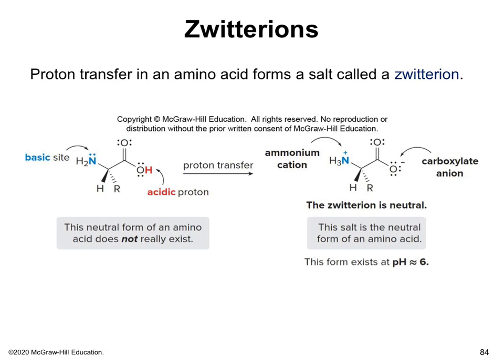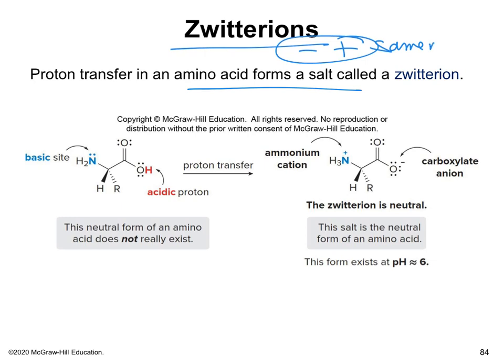A zwitterion means that you have a plus and a minus within the same molecule. Okay, so that's a nomenclature thing, zwitterion. Amino acids can form a plus charge by protonating the nitrogen on the alpha carbon, the alpha amino group. And they can form a minus charge by deprotonating the acidic proton.